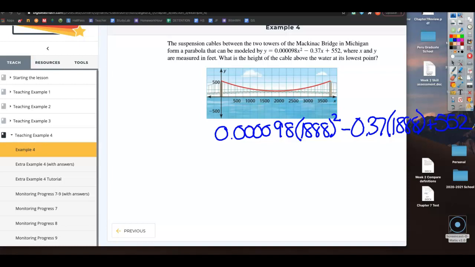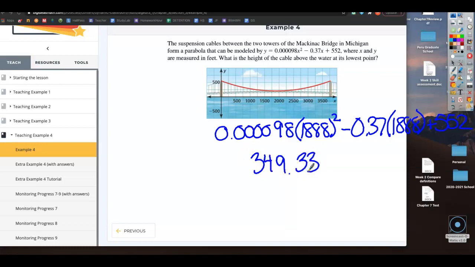You should get 3,564,544. Then you're going to take that times 0.4098. And this combined should be 349.33.